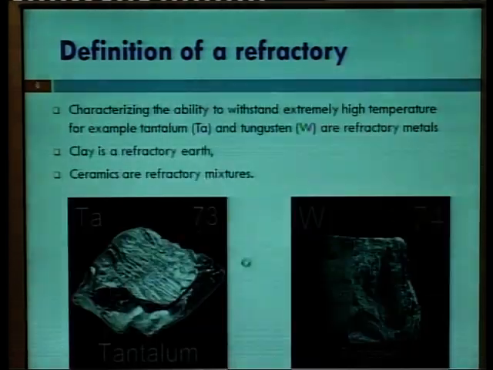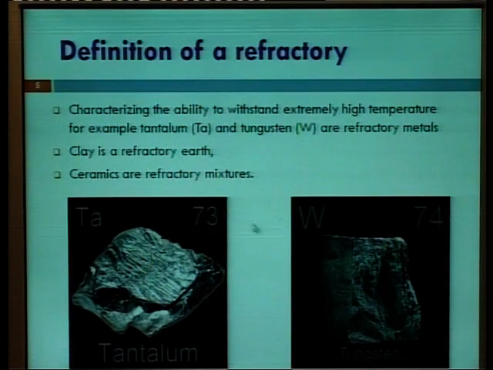Now, there are some metals characterized by the ability to withstand extremely high temperature. For example, an element called tantalum, with atomic number 73 and atomic mass 181 units, and another element called tungsten, with symbol W and atomic number 74, shown in the picture.